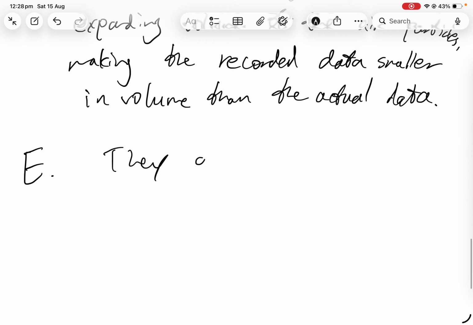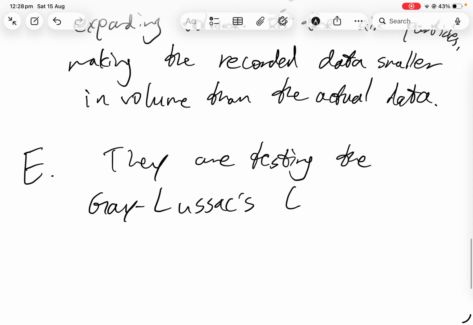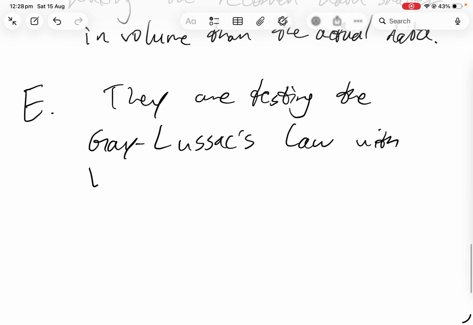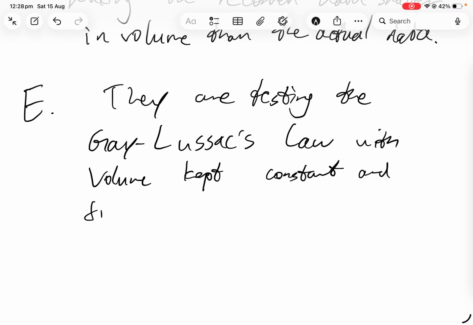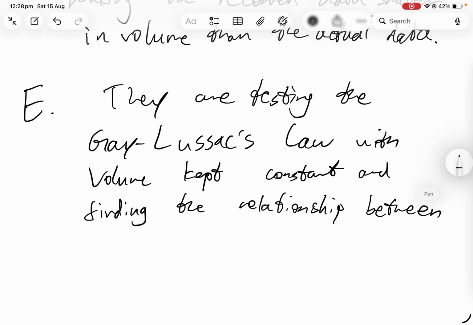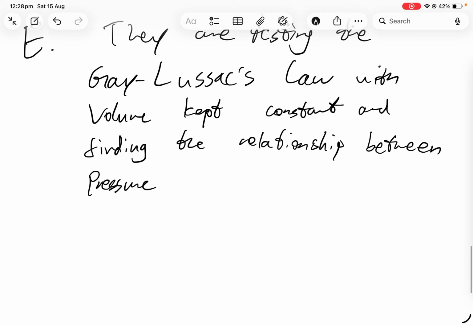They are testing Gay-Lussac's law with volume kept constant and finding the relationship between pressure and temperature.